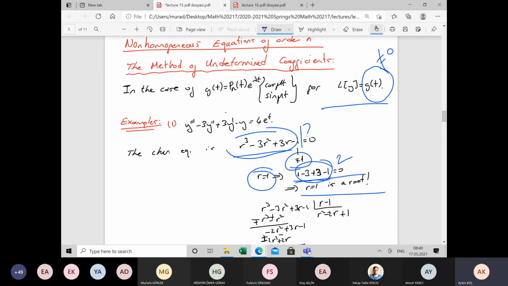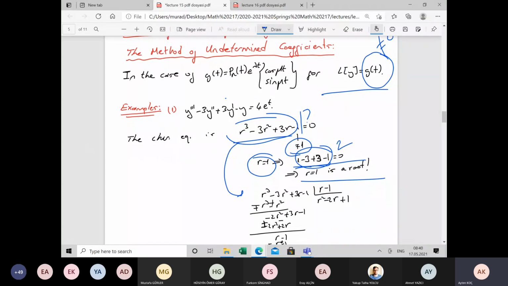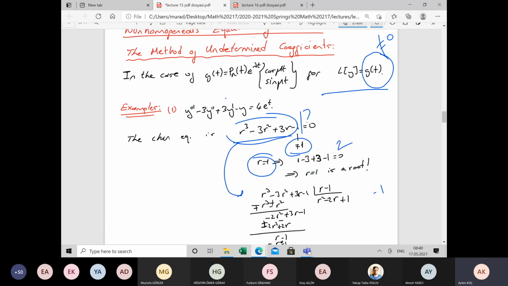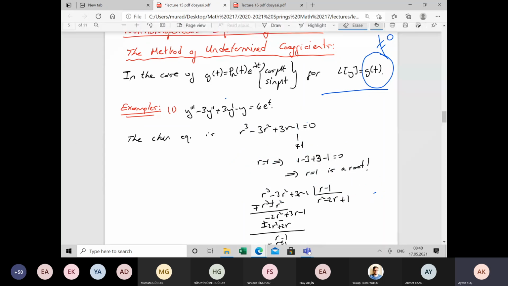If we have one root, it is easy to find all roots of the characteristic equation. Write our polynomial and divide by r minus 1, because r equals 1 is a root and r minus 1 is a factor of this polynomial. Using the division algorithm, we find the other roots of our characteristic equation.